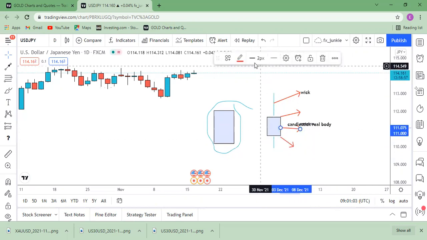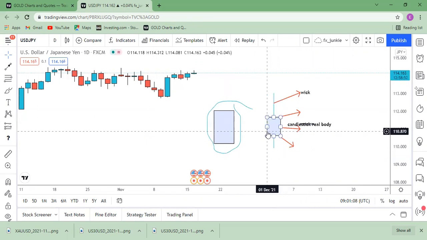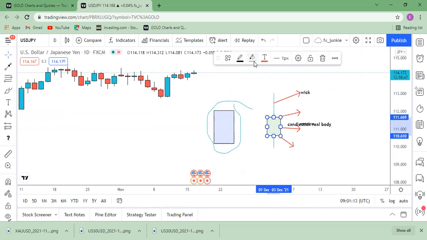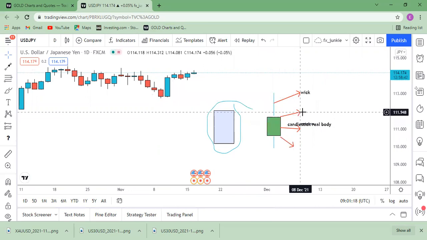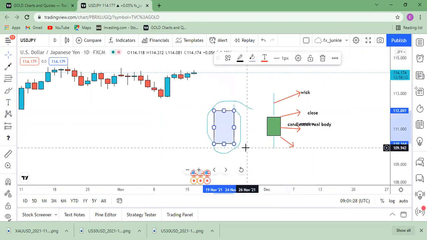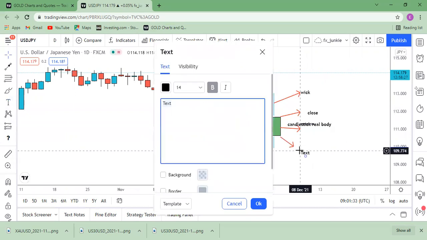If this candlestick is a green candlestick, then this could be our closing price, the candlestick close, and this is the candlestick open, the open price.